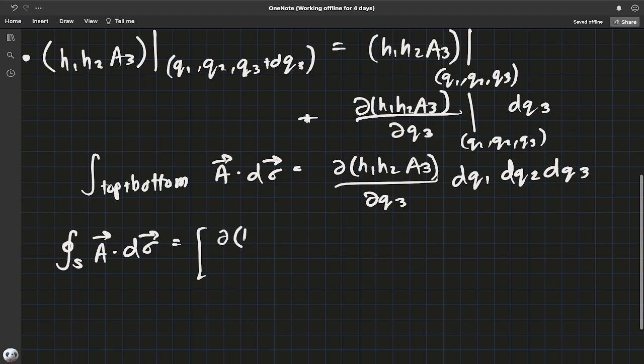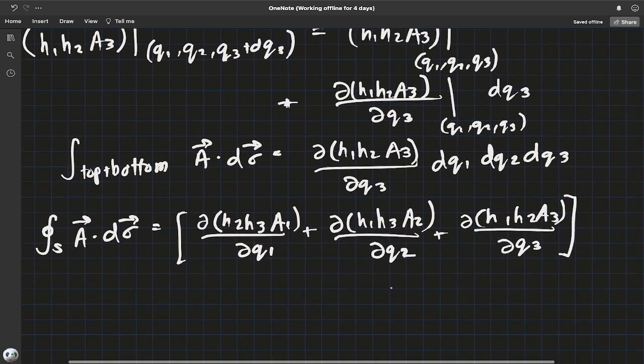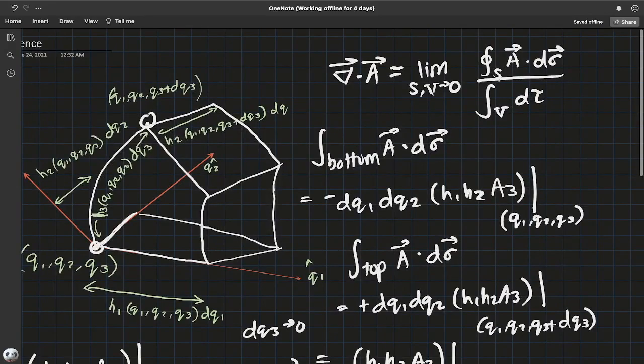So partial, say, h2, h3, A1 with respect to q1, partial h1, h3, A2 with respect to q2, plus partial h1, h2, A3 with respect to q3, but all of this is multiplied by dq1, dq2, dq3, because you get those straight terms out. So you notice a general pattern for the top part of this definition.